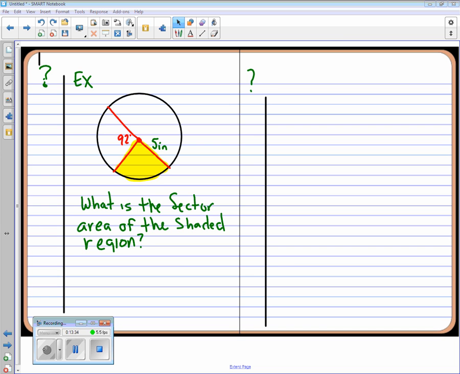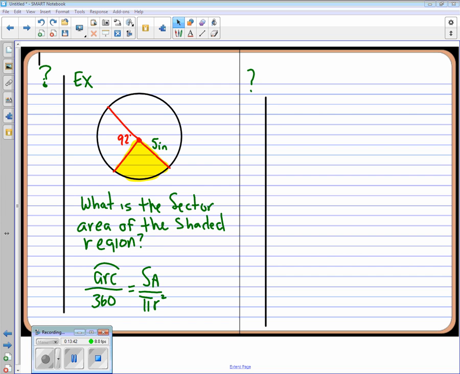All right, let me slide that over to the left. And so let's write our equation with nothing in it. All right, and then let's take that and put our information into it. Now, one of the problems that we have with this problem is that the angle right here is not what we really need to know; we need the arc measure of the arc that we're talking about.